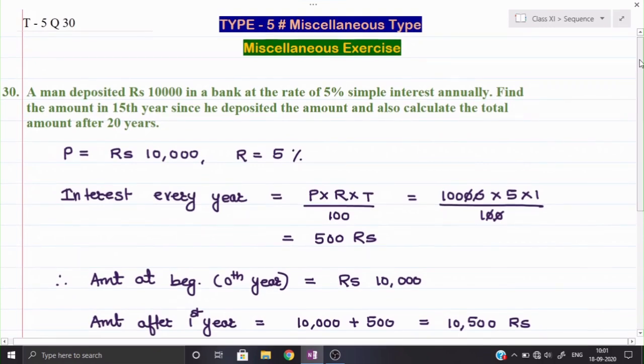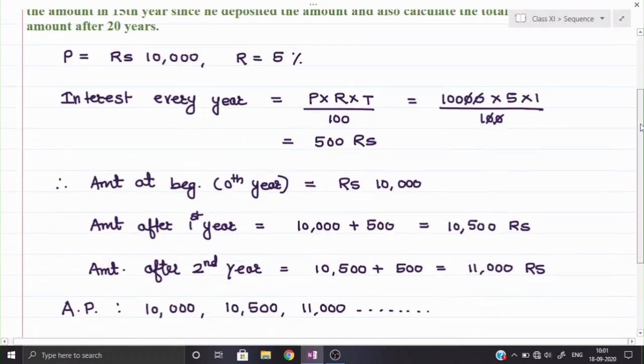They are saying find the amount in 15th year, means 14 years are completed and the 15th year is going on. And here he is saying calculate the total amount after 20 years. So here you see basically what we have done. We have started our counting from 0th year.